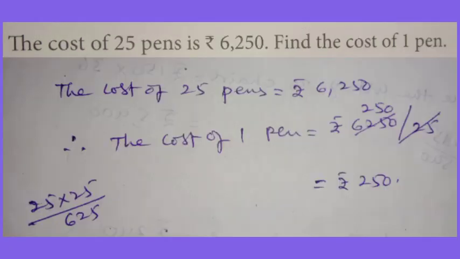The cost of 25 pens is rupees 6250. Find the cost of one pen. Solution. The cost of 25 pens is rupees 6250. Therefore, the cost of one pen is rupees 6250 divided by 25. Now, 6250 divided by 25 is 250. Therefore, the cost of one pen is rupees 250.